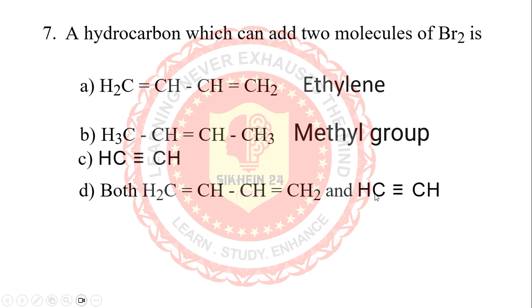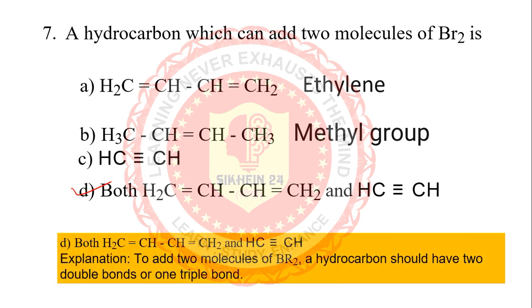These are the question answers, but we go with D. Let's see the answer. Both. To add two molecules of bromine, a hydrocarbon should have two double bonds or one triple bond. Here is one triple bond and here is a double bond. Also you can understand how bonds are represented while you are writing organic compound reactions.